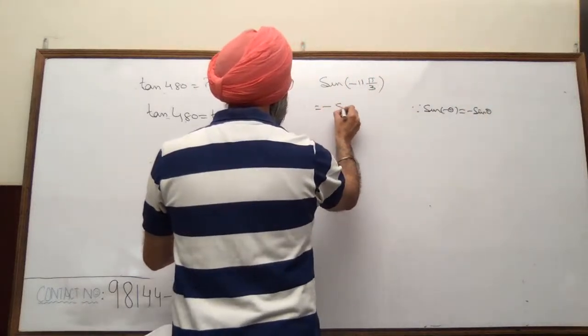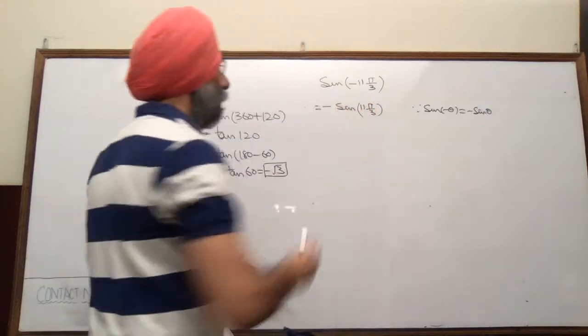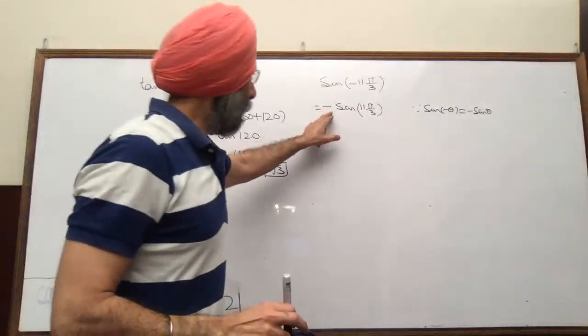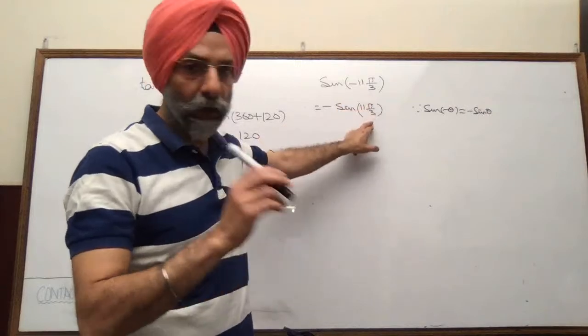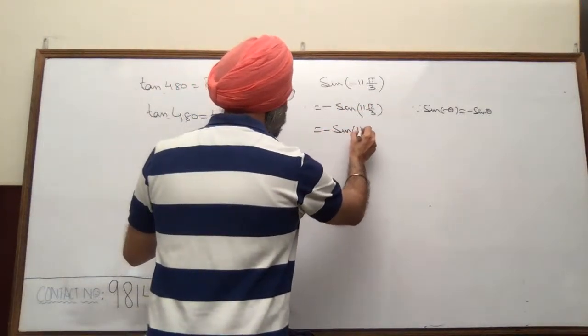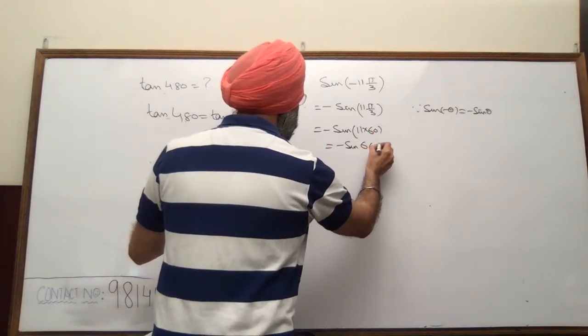So that makes it minus sine of 11 pi by 3. First and foremost, write down your angle in the anti-clockwise direction. Now you can see that it is written in the anti-clockwise direction. So can I write this as minus sine 11 into 60? That is your minus sine of 660 degrees here.